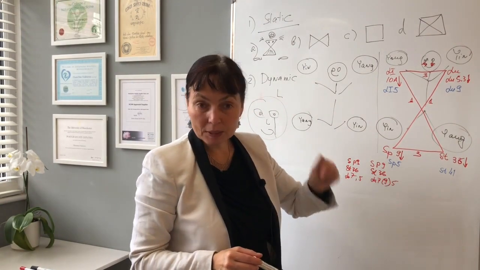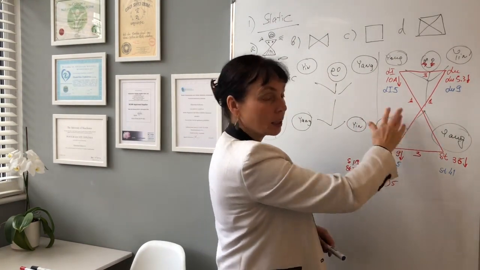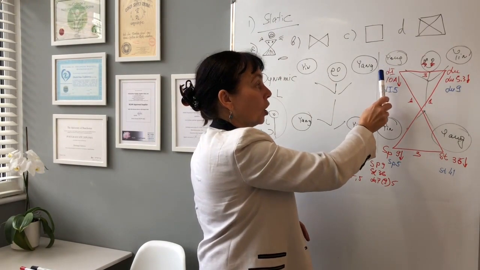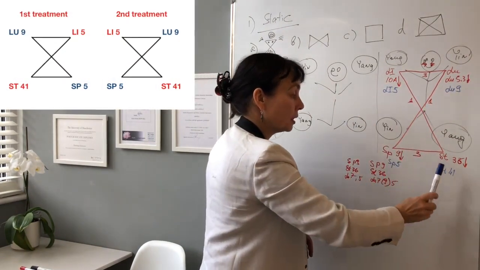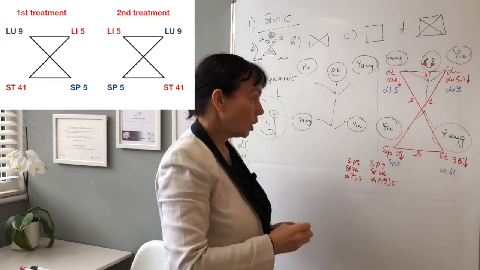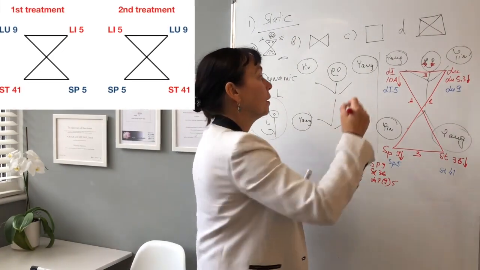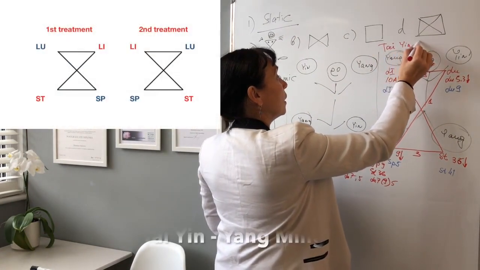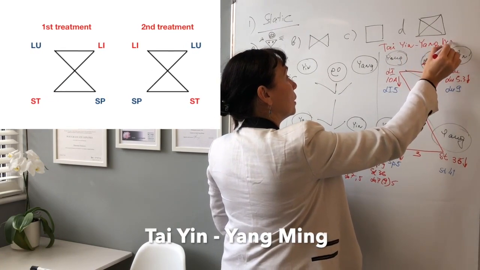When the patient comes the next day, you change the sides. So this treatment will be lung, large intestine, stomach, spleen. And we call this pattern Tai Yin Yang Ming.